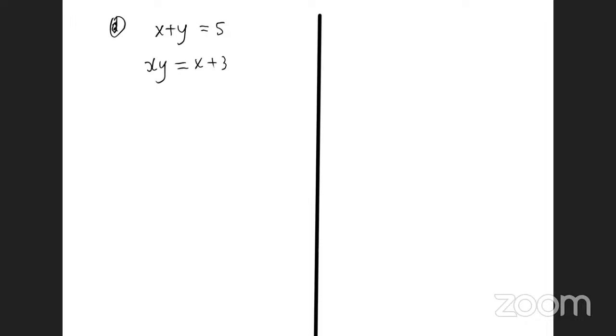Just solve it simultaneously. Make y the subject, use the substitution method.